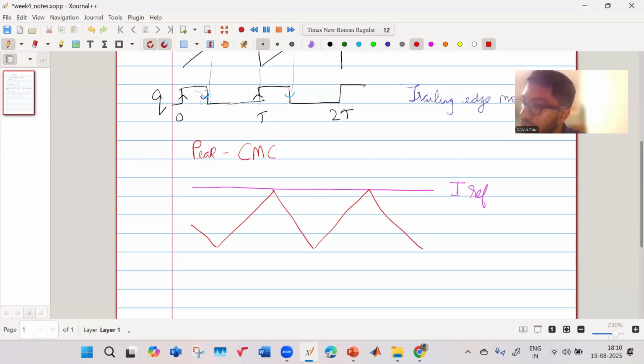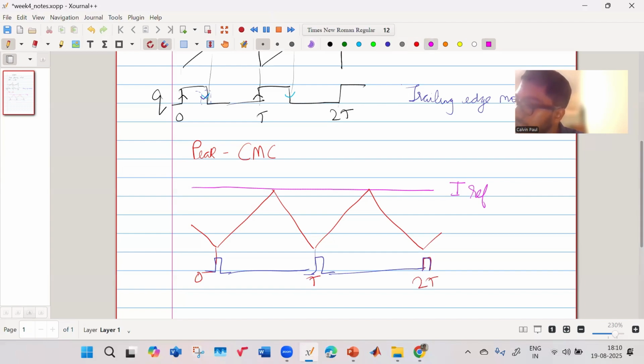Over here, a periodic set pulse is coming at 0, T, 2T.